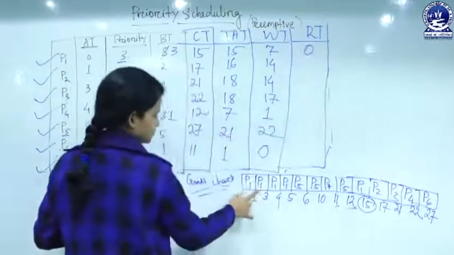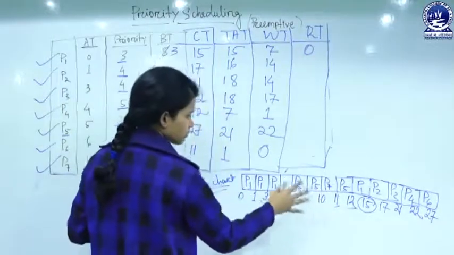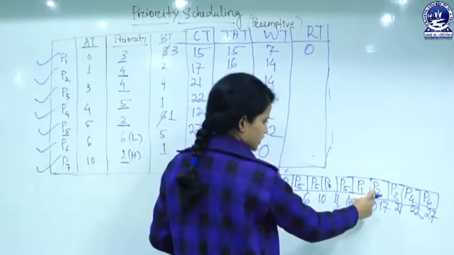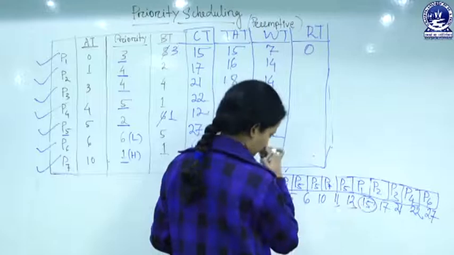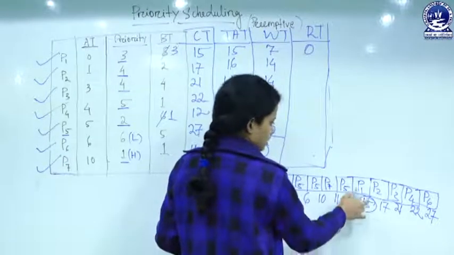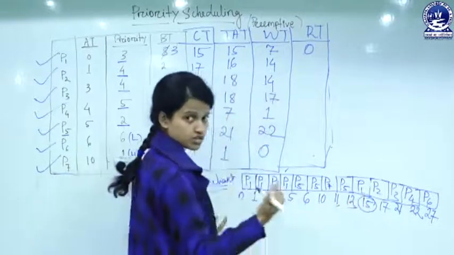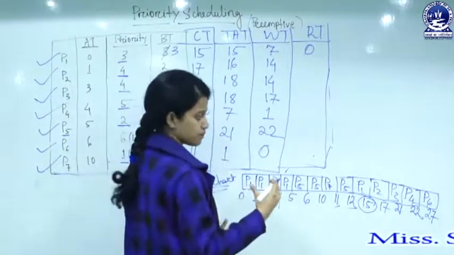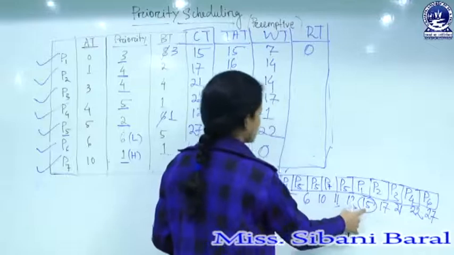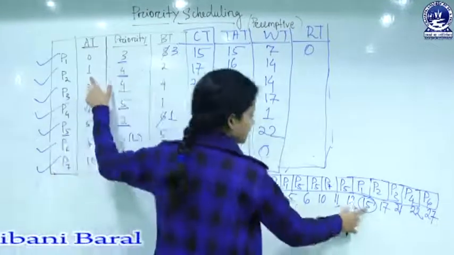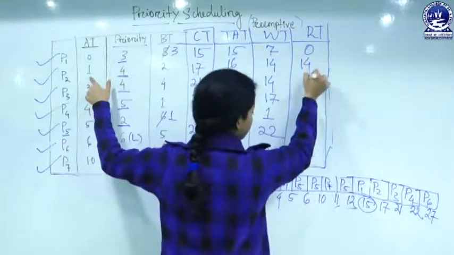For P2, at what time is the CPU allocated to P2? At 15. The completion time of P1 is 15, and the CPU is allocated to P2 at 15, and the arrival of P2 is 1. So 15 minus 1, that is 14.